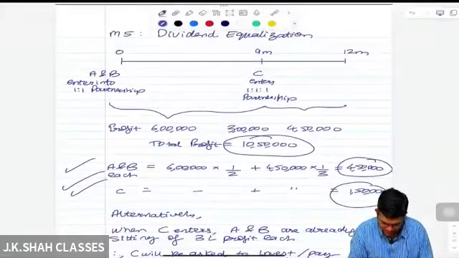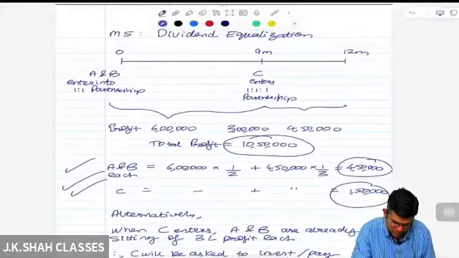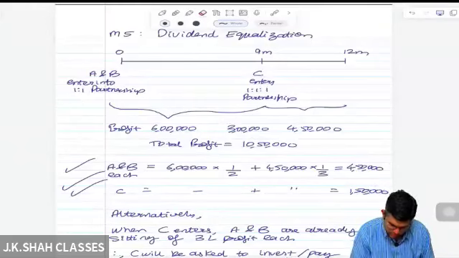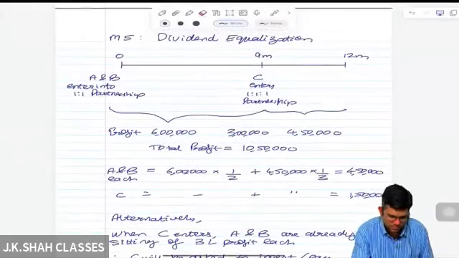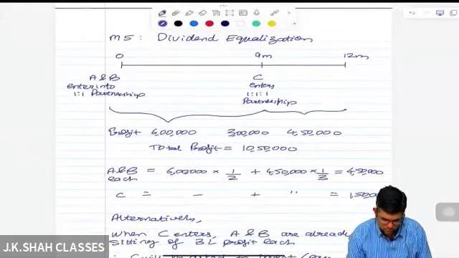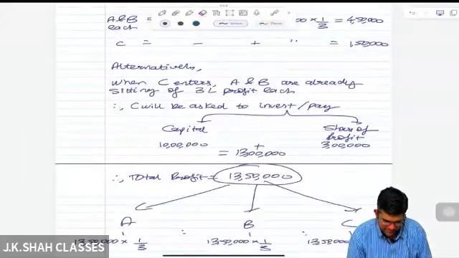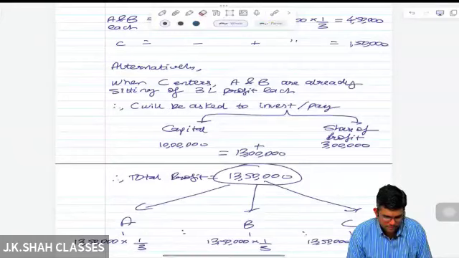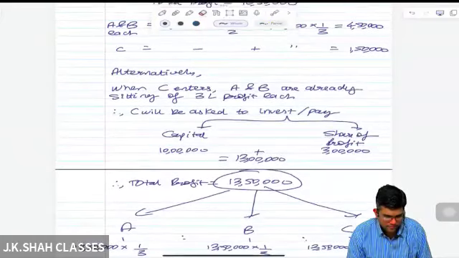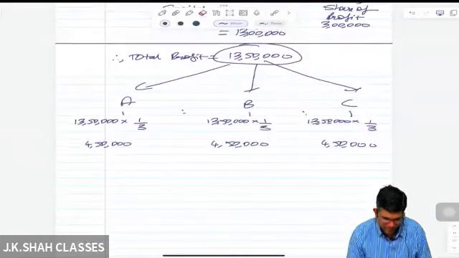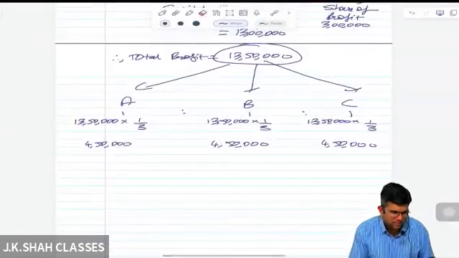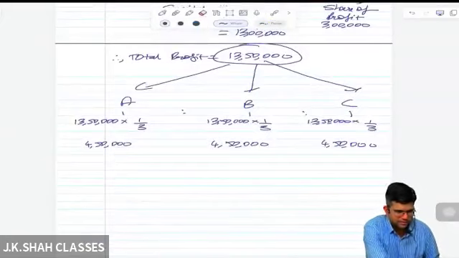Just 1 minute. Wait. This is not the balancing figure. Okay. Chalo. Bye bye. Take care.